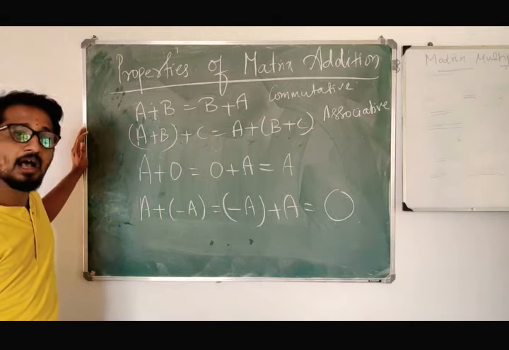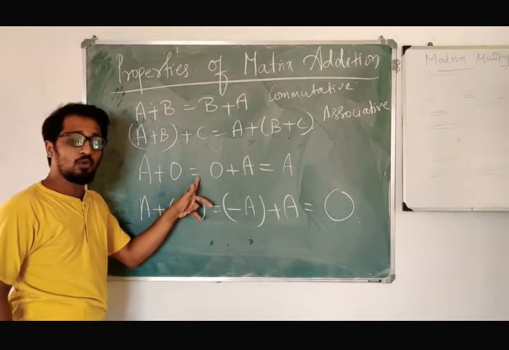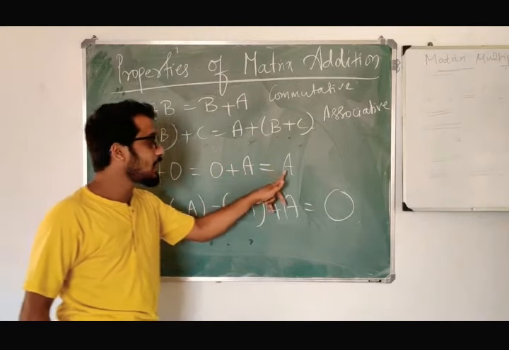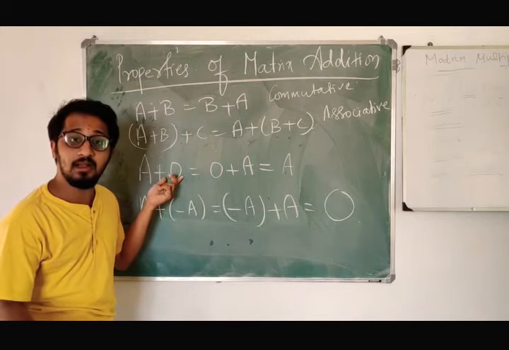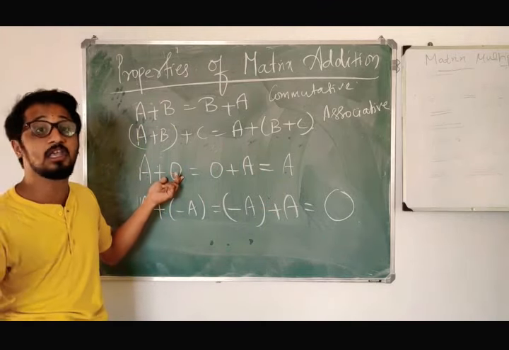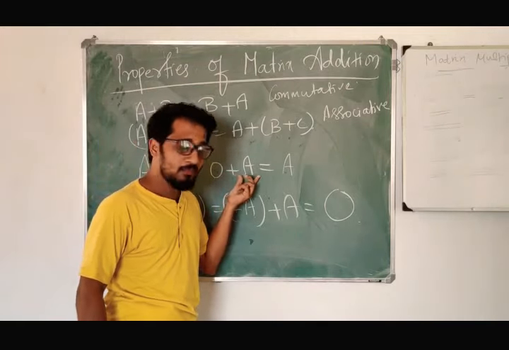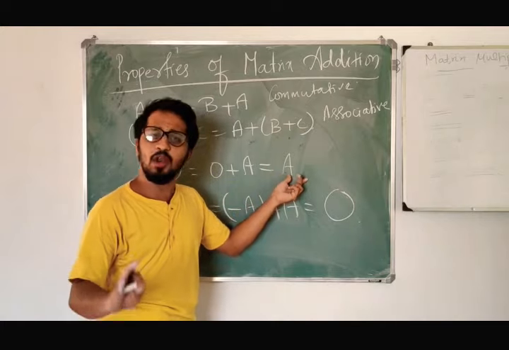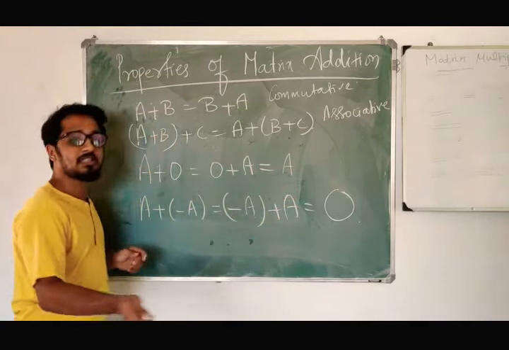Matrix addition is associative. Now, A plus O is equal to O plus A is equal to A, where O is nothing but a null matrix or void matrix or empty matrix or zero matrix. That means for any matrix, if you add a zero matrix, you will get the same matrix itself.